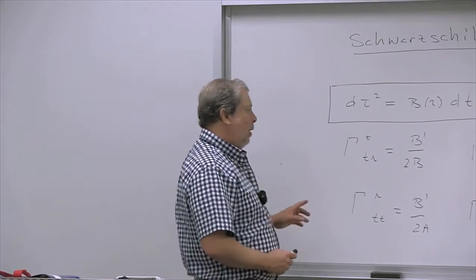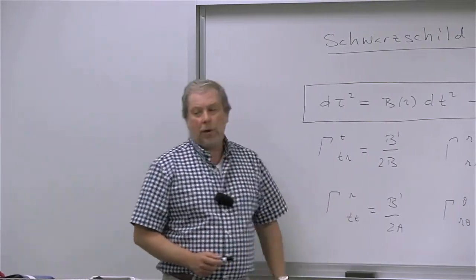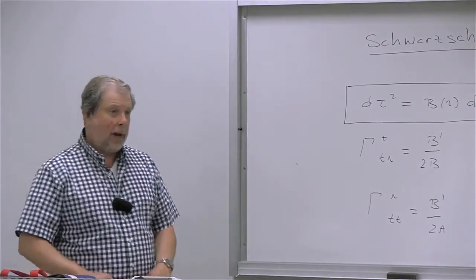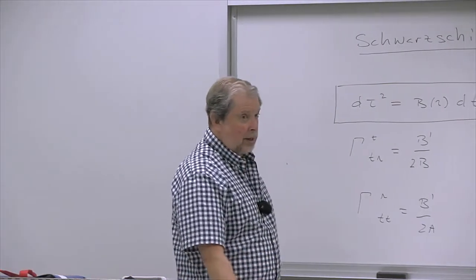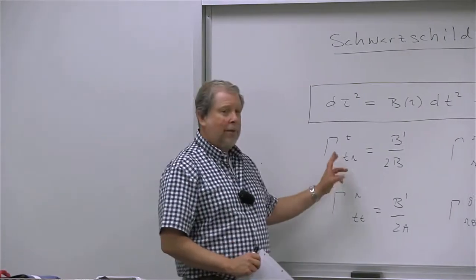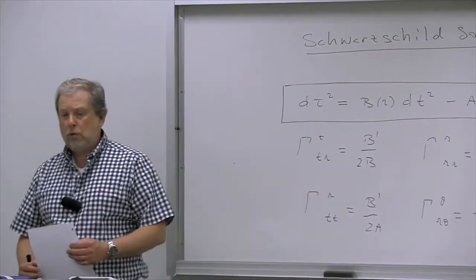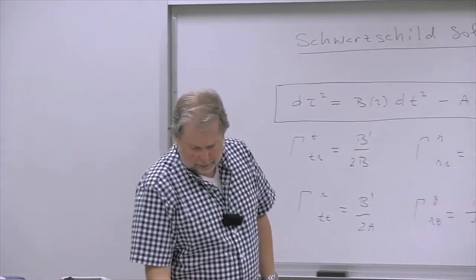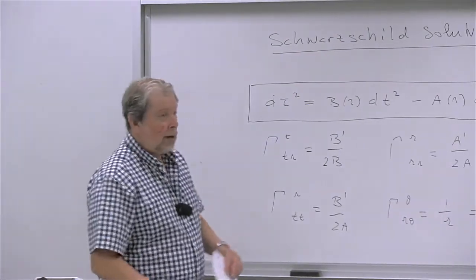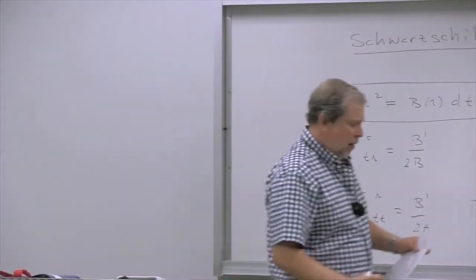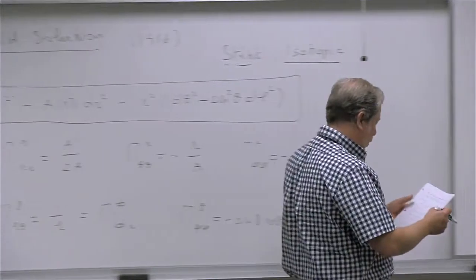So the only non-vanishing components of the affine connections are the ones that I wrote down on the blackboard, right? And so everything else is zero, or it can be found by symmetry, because remember, the affine connection is symmetric in the two lower indices, right? So from this, it is fairly straightforward then to calculate the Riemann tensor, and in particular the Ricci tensor, which is the one that enters the field equations.